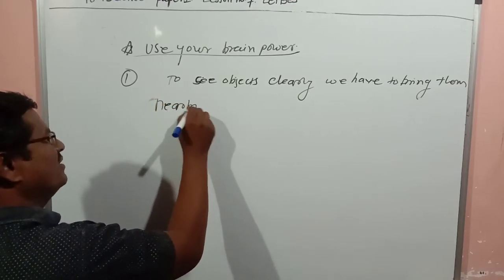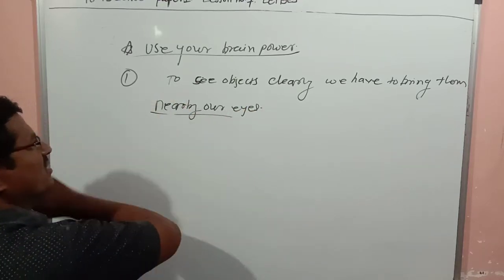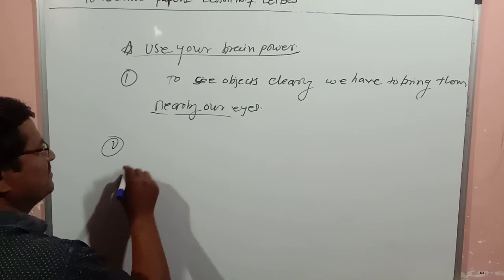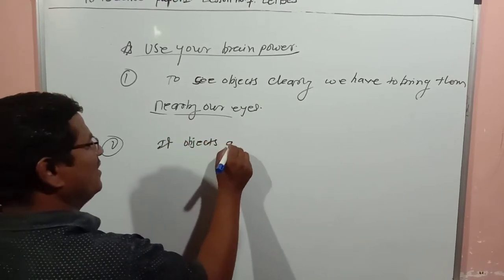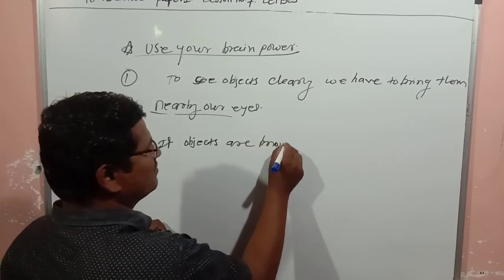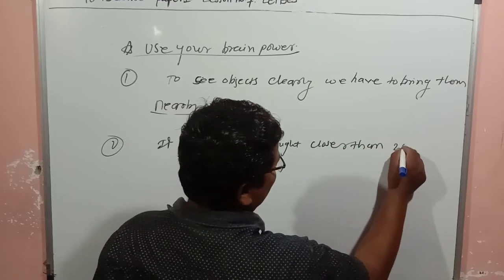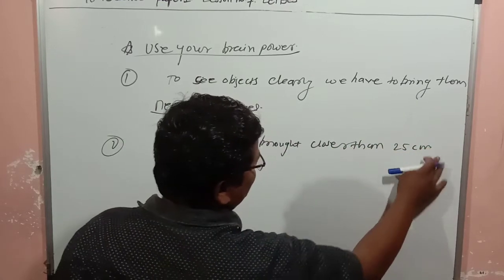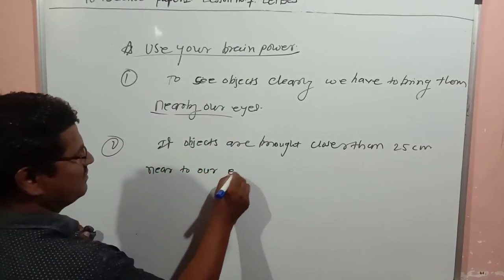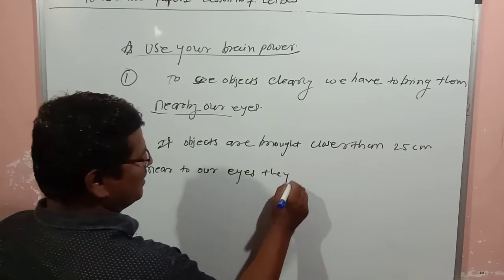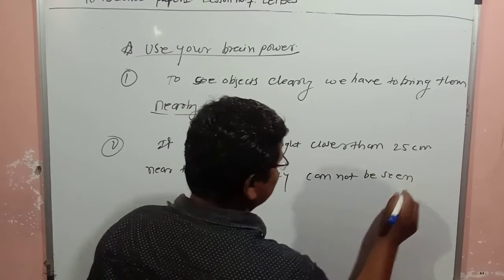And the second thing is that if objects are brought closer than 25 centimeters to our eyes, they cannot be seen clearly.